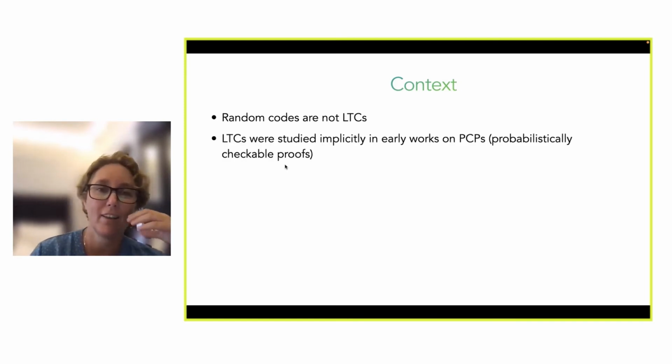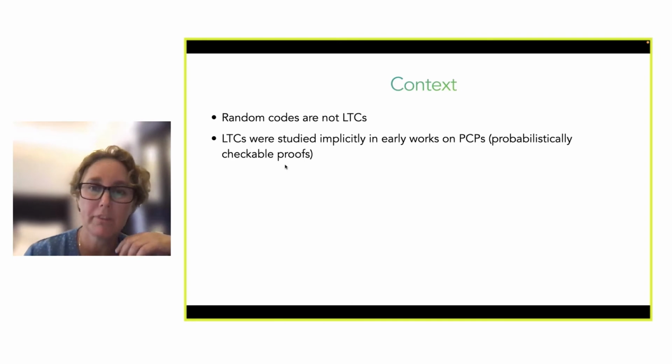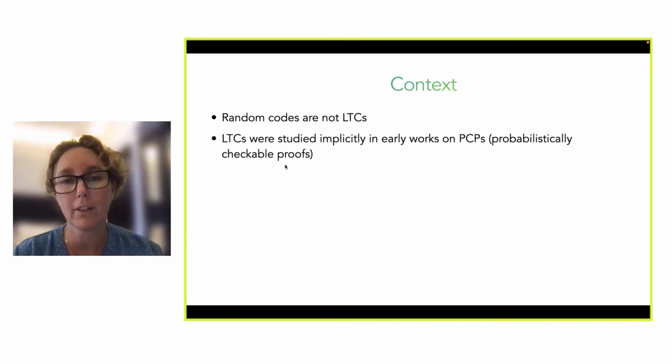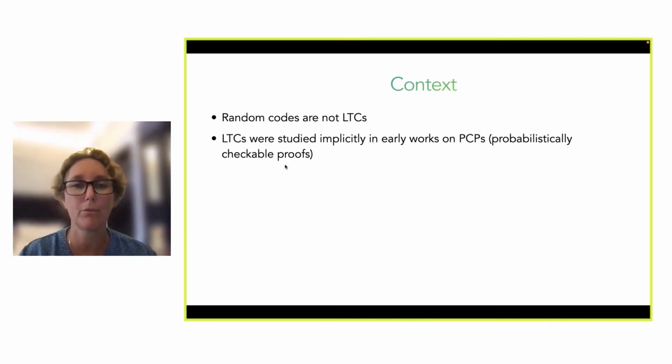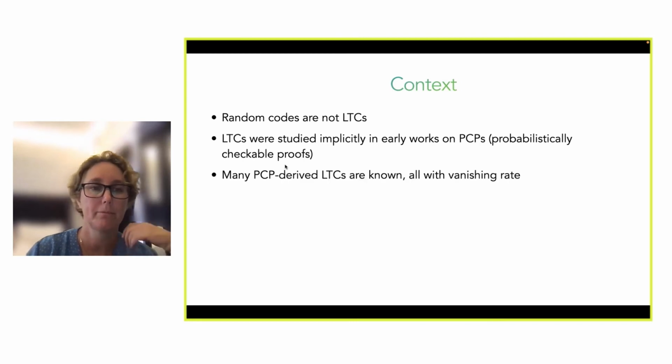However, through the construction of PCPs and through these ideas from interactive proofs, you can construct locally testable codes. So these are objects that are very special and are not random. And indeed, the LTCs were constructed inside the proofs of the PCP theorem.